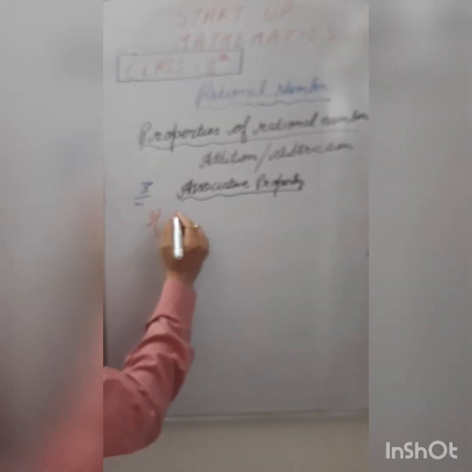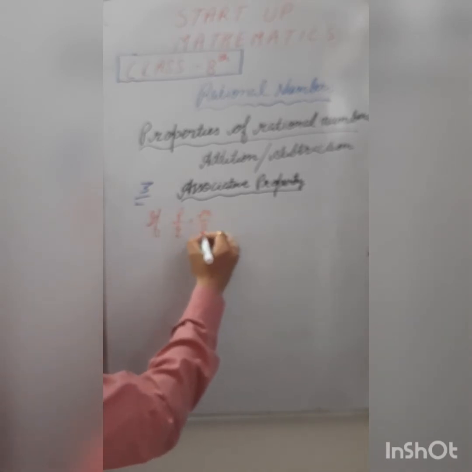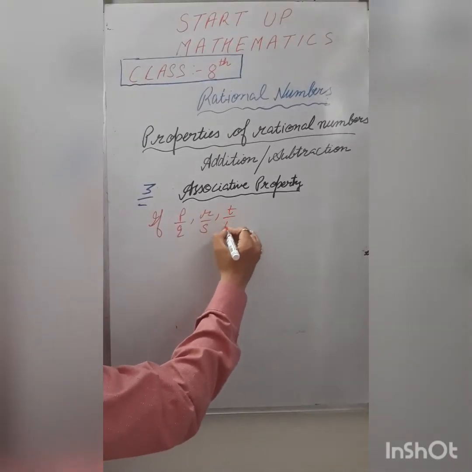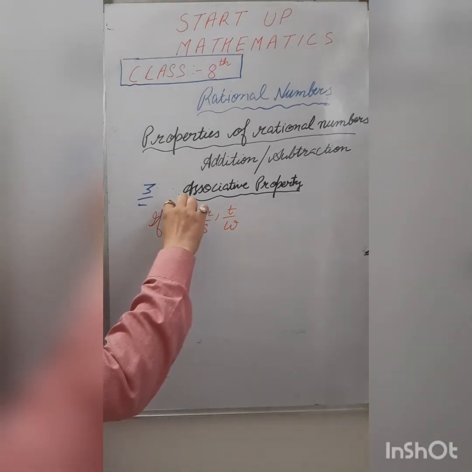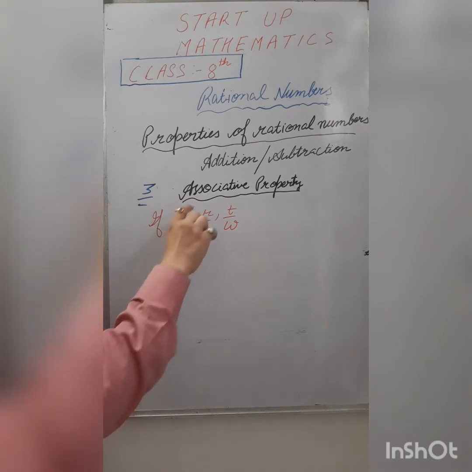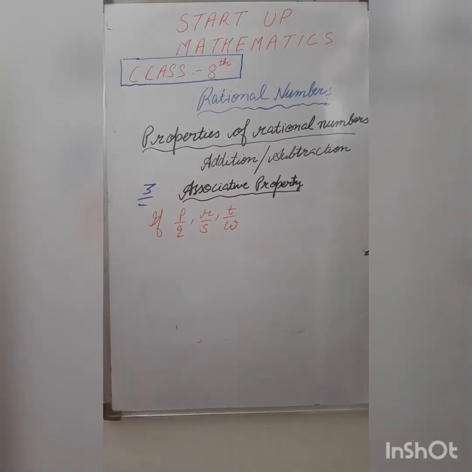Let's suppose I have rational numbers P by Q, R by S and T by W. P by Q is simply a representation of a rational number. R by S is again the representation. T by W is again the representation. Generally these are the integers.